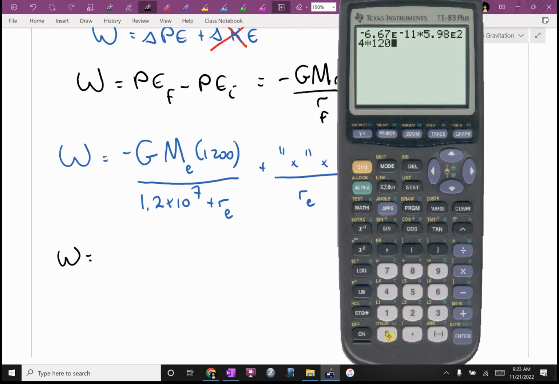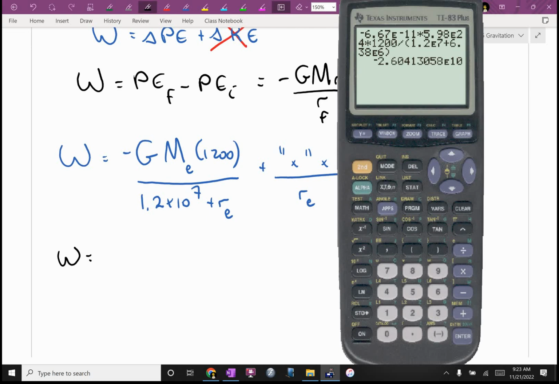Times 1200 divided by, I have to put the bottom in brackets, 1.2 times 10 to the 7th plus 6.38 times 10 to the 6th. Nick, did you get negative 2 points? Oh, now it's giving us an answer in scientific notation. Negative 2.6041 times 10 to the 10th?